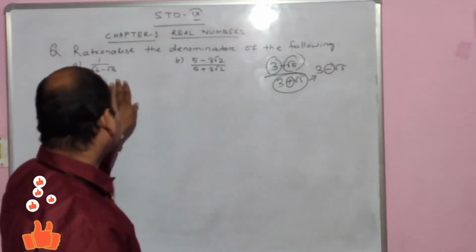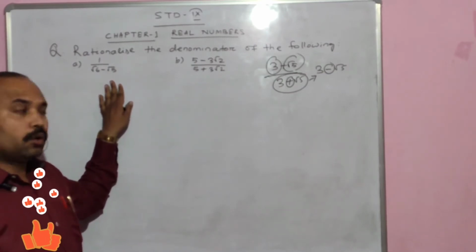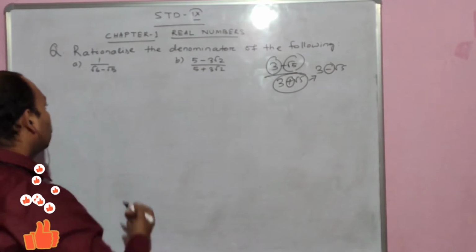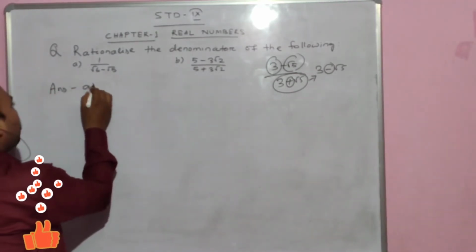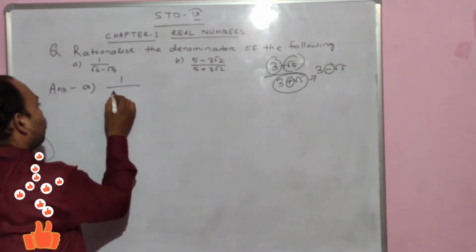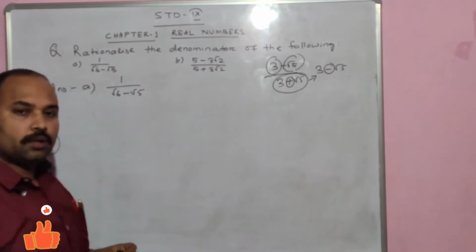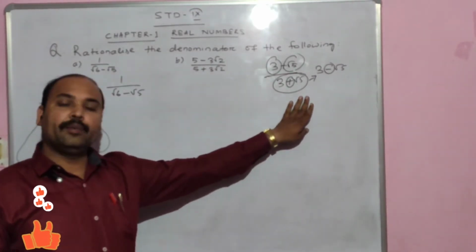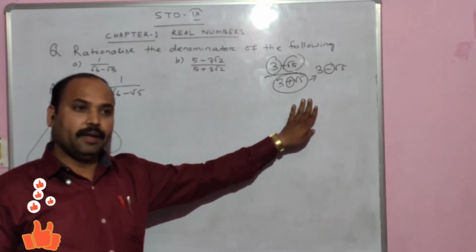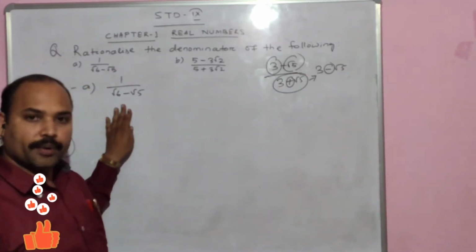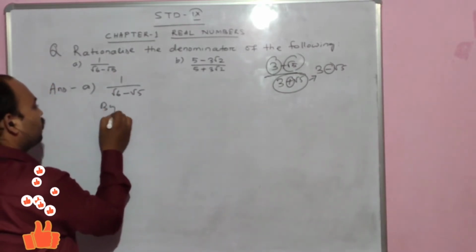So, in our first question, it is written 1 upon root 6 minus root 5. See the answer. Already we discussed that when we rationalize the denominator, we have to multiply the conjugate number of the denominator.